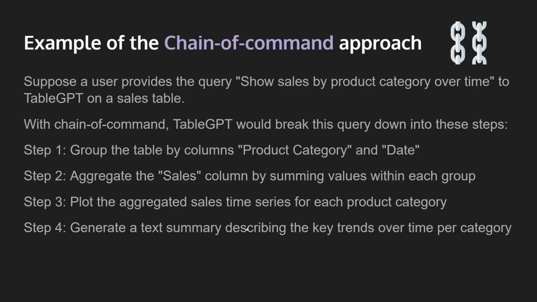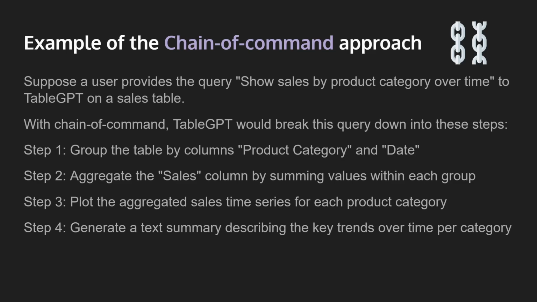And with chain of command, the model will be able to break this query down into these steps, right? First, it will group the table by columns, product category, and date, right? So it's able to automatically do this without the user having to do these tasks themselves. And then step 2, it will aggregate the sales column by summing values within each group.